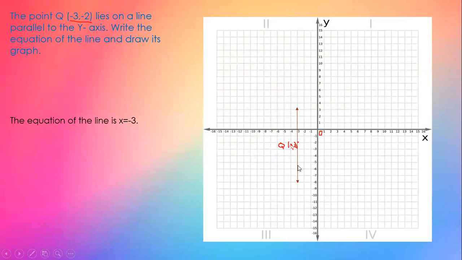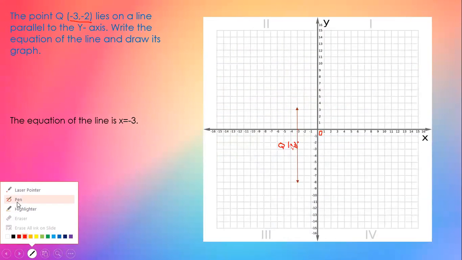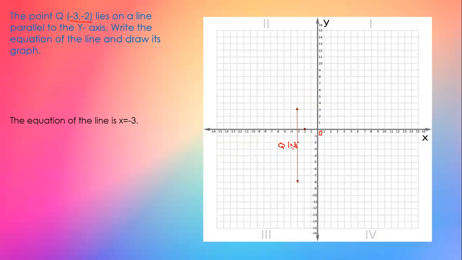This line is parallel to the y-axis, right? Now, we have to write the equation of this line. So, this line is passing from where? See, it is passing from -3. And where is this -3? It is on the x-axis, right? So, the equation of this line will be x = -3. Okay?